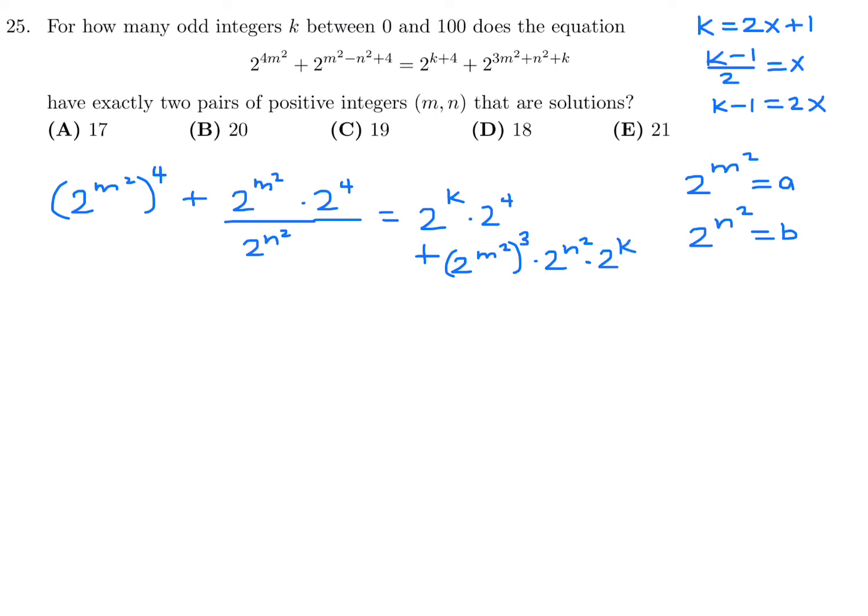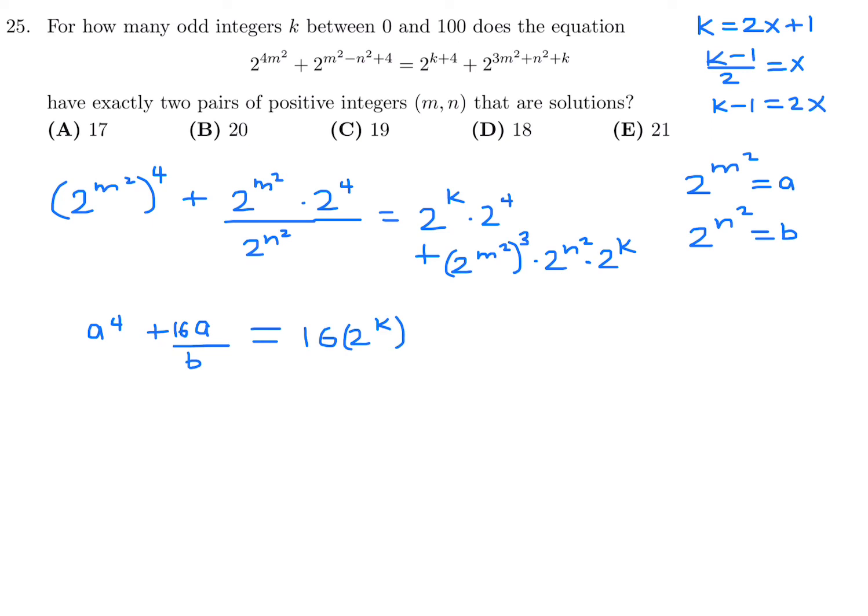All right, so now let's make our substitutions. This is going to be a to the power of 4 plus a times 2 to the power of 4, which is 16. So 16a over b, because this is b, right? Making my substitutions now. And then on this side equals 2 to the power of k times 2 to the power of 4. Well, that's just 16 times 2 to the power of k.